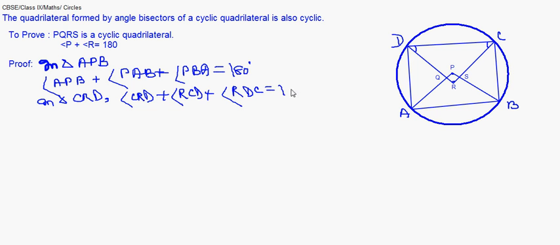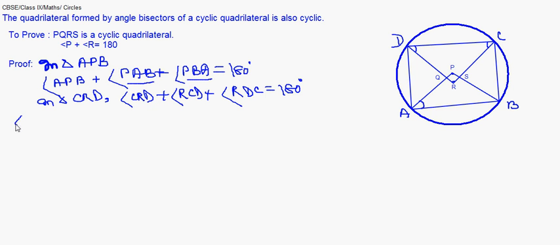That also gives you 180 because of the same reason, angle sum property. Now if you see, we can substitute this PAB as half of angle A, because these are actually angle bisectors. So I can substitute and write this one as well.